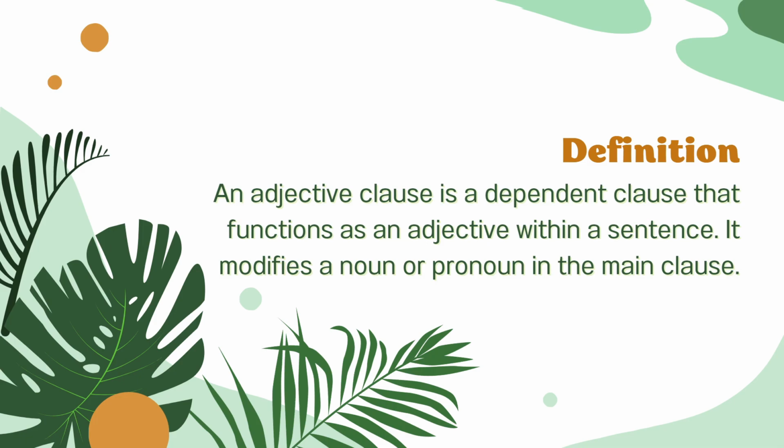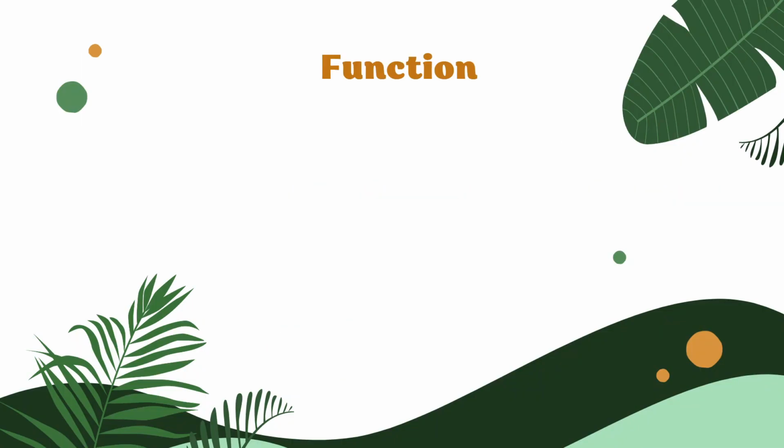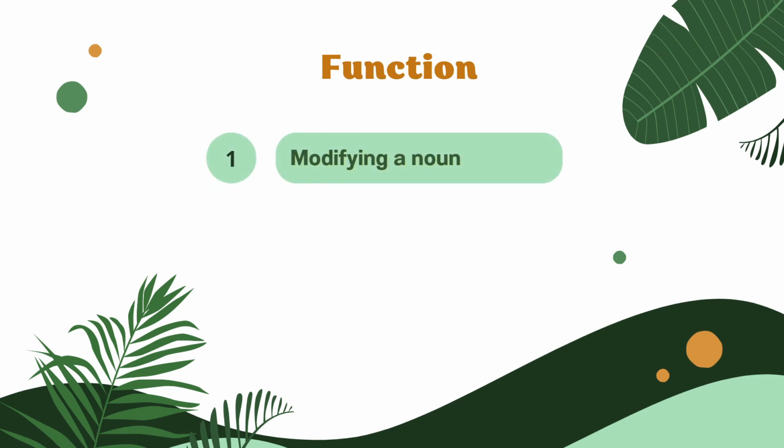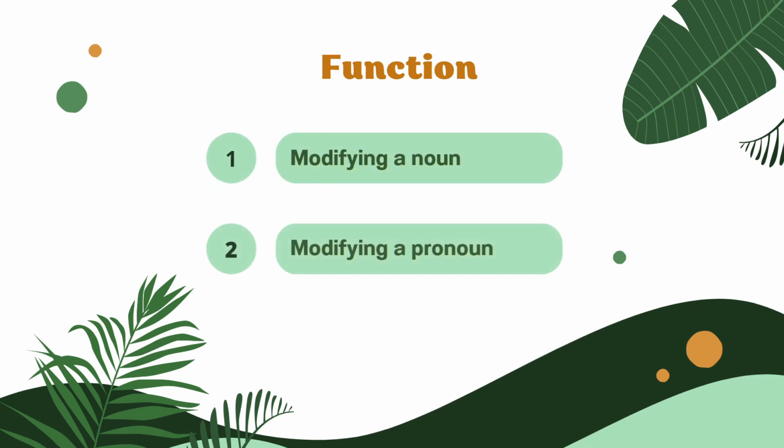It modifies a noun or pronoun in the main clause. From its definition, we can know that the functions of adjective clause are modifying a noun and modifying a pronoun.